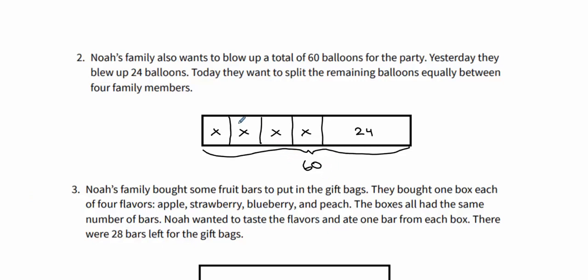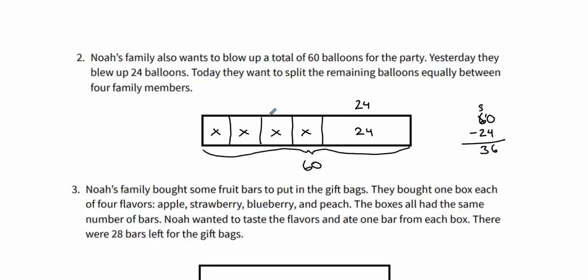Okay. So if we had to draw it out, this is what it would look like. We have our 24 balloons and the 4 family members with an X number of balloons with a total of 60. So if this right here is 24, then this amount is 24 from 60. So if we subtract 24 from 60, we get a total of 36.